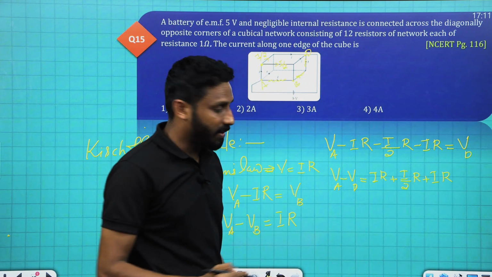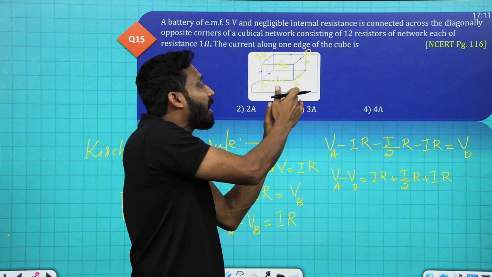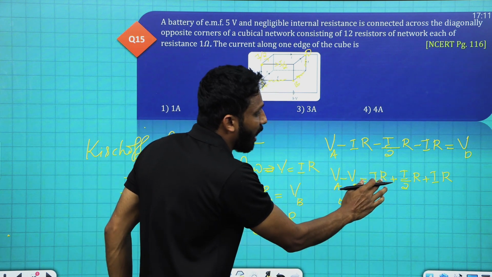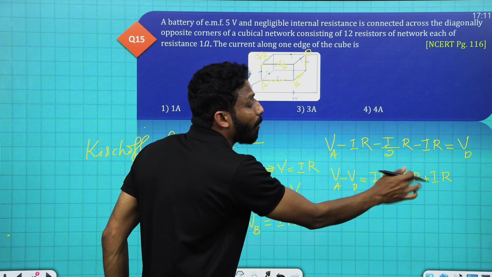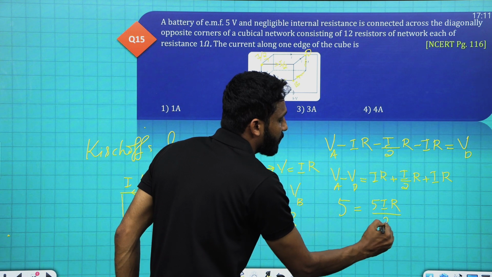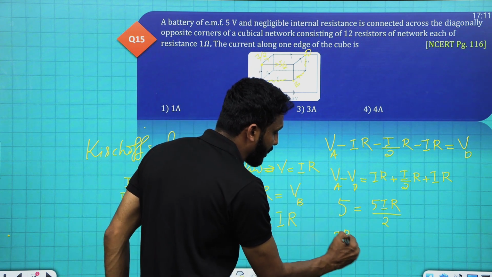Then what is VA minus VD? VA minus VD is the applied potential difference, 5 volt. 5 is equal to IR plus IR by 2 is 3 IR by 2, plus IR is 5 IR by 2. 5 cancelled, and IR is equal to 2.